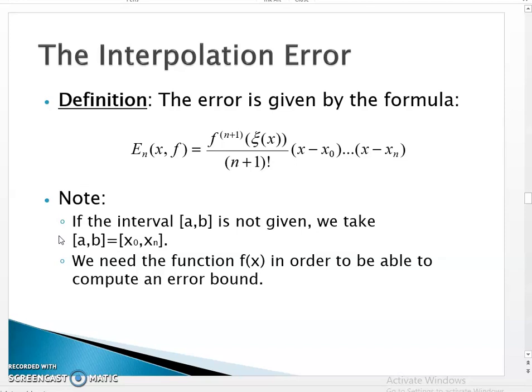So we are going to be differentiating that function up to the third derivatives in order for us to find the interpolating error. So we see that polynomial interpolation overcomes most of the problems of linear interpolation.